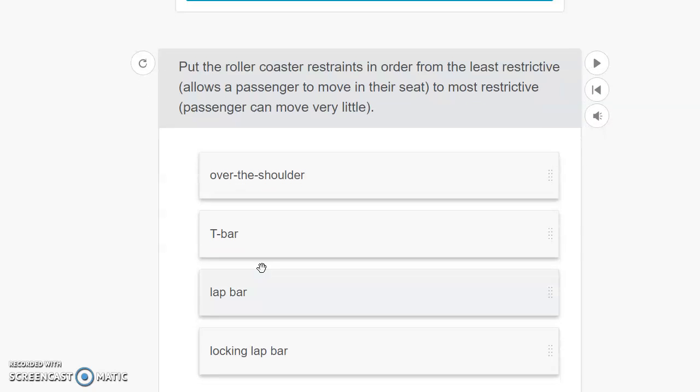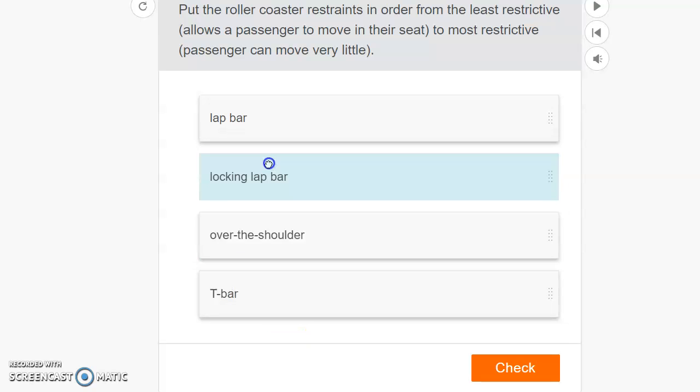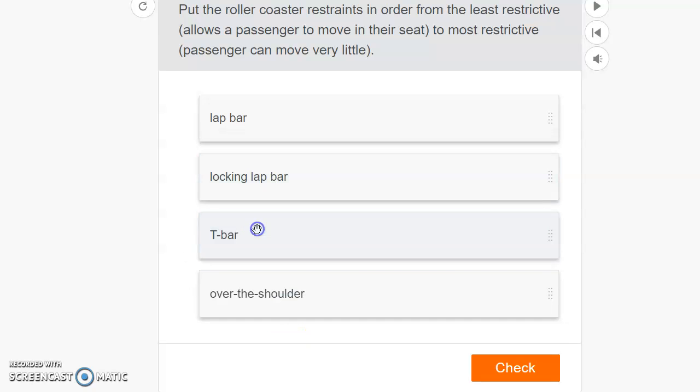Putting the roller coaster restraints in order. We're trying to figure out what's least restrictive so you can move around, or most restrictive. So which one's the least restrictive? If it goes over your shoulder, if there's a bar or a lap bar. I think a lap bar, when it's right across your lap, is not very restrictive. And then the locking would be a little more restrictive.